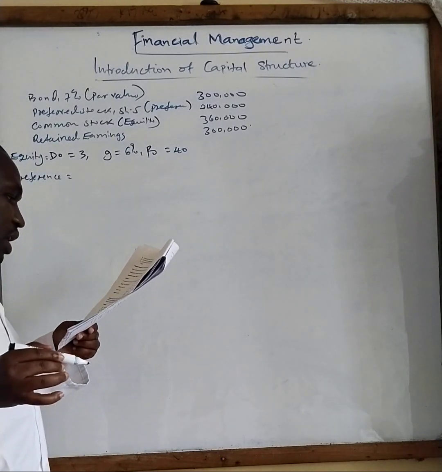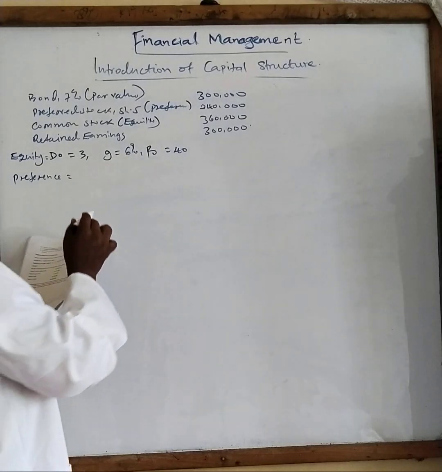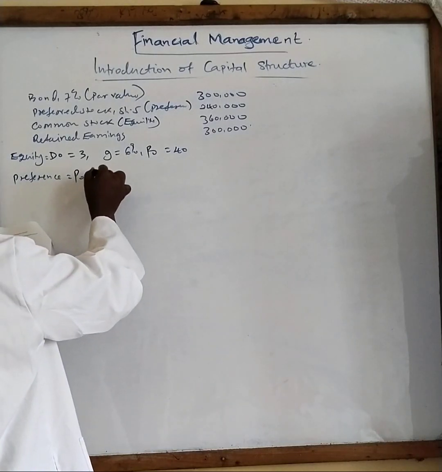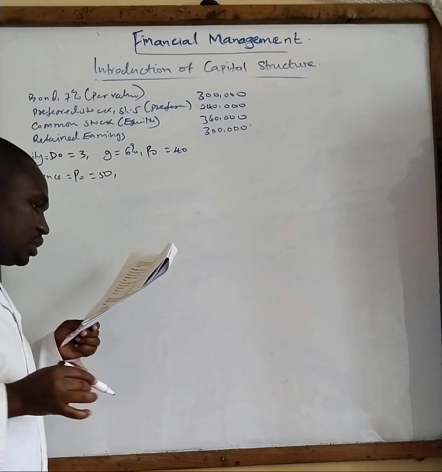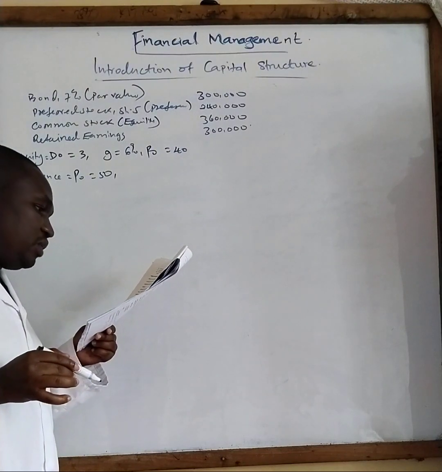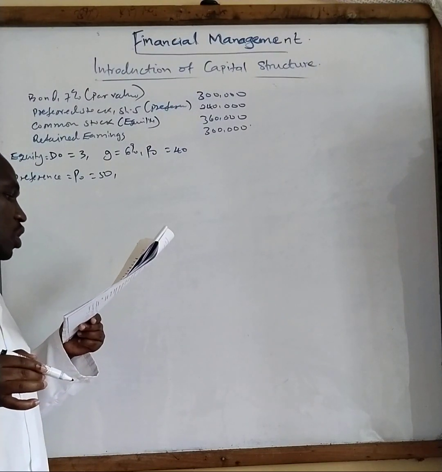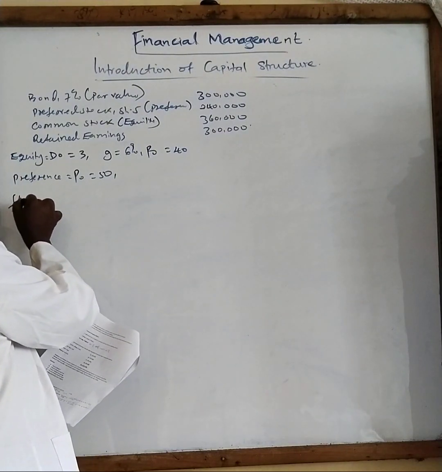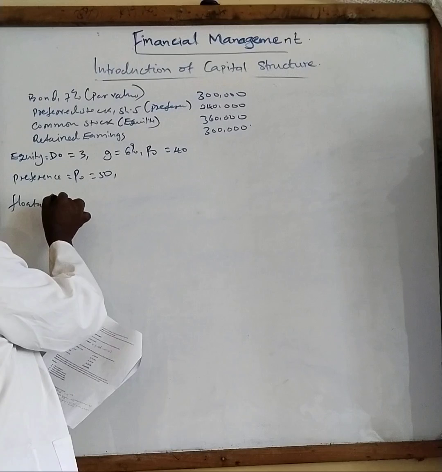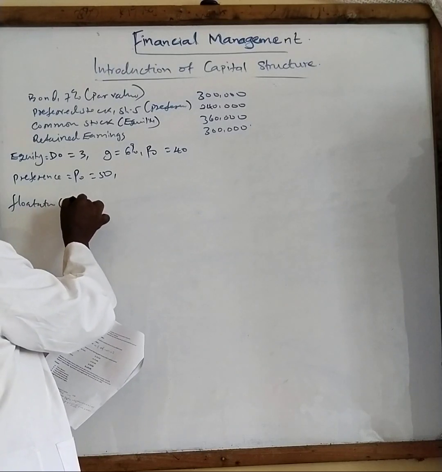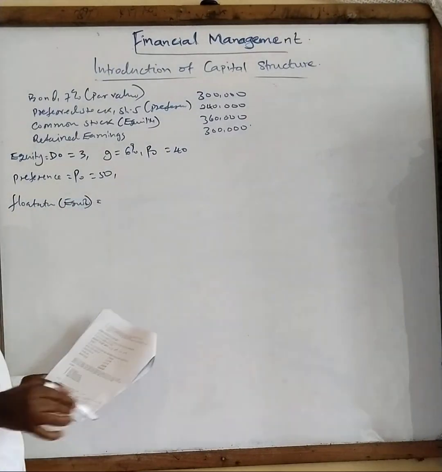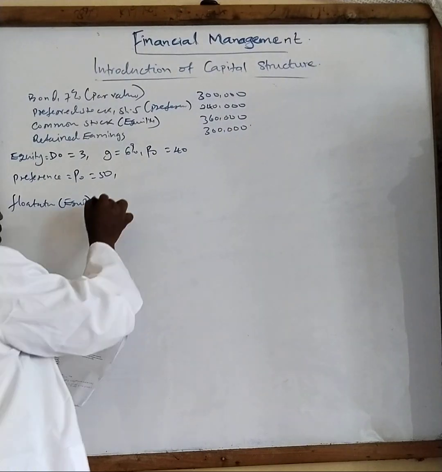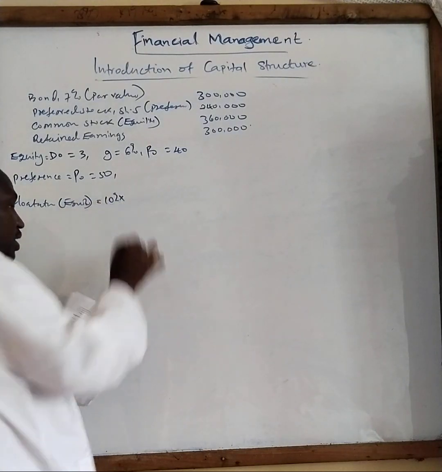Preference, we have been told selling price, that is P0 equals 50 shillings. Then flotation cost on new issue. So flotation cost specifically on equity is what? 10%. 10% of what?